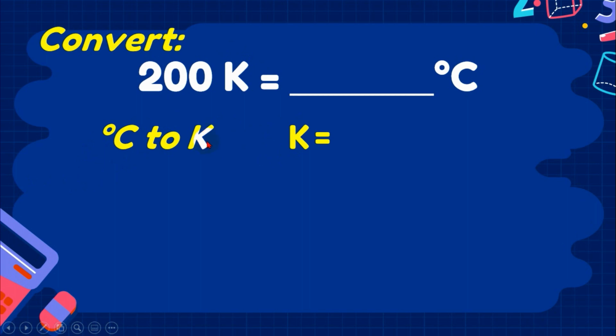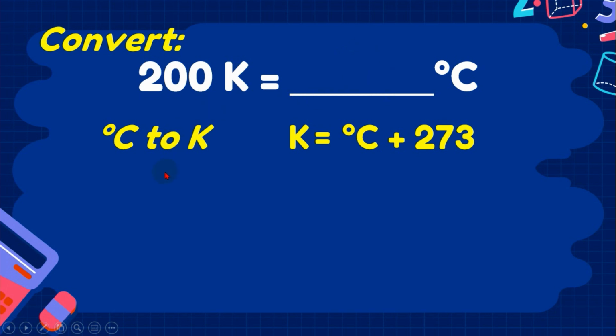Kaya lang, ang problem natin, given yung Kelvin, yung degrees Celsius ang nawawala. Pero sa formula natin, Kelvin is equal to degrees Celsius plus 273. Ngayon, ang nawawala natin sa problem natin ay yung degrees Celsius.